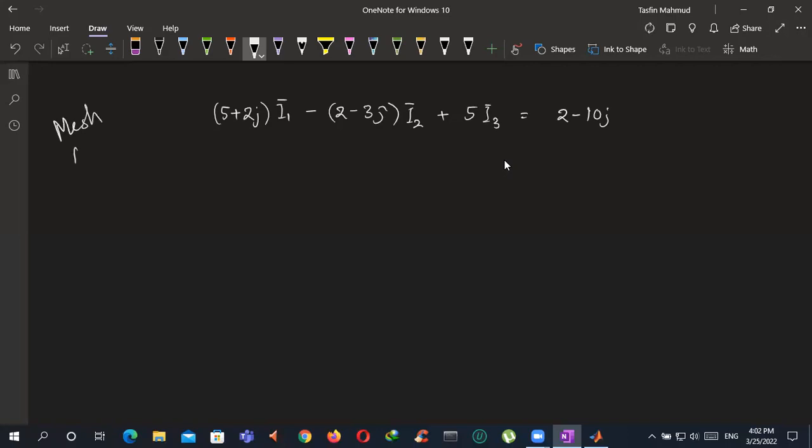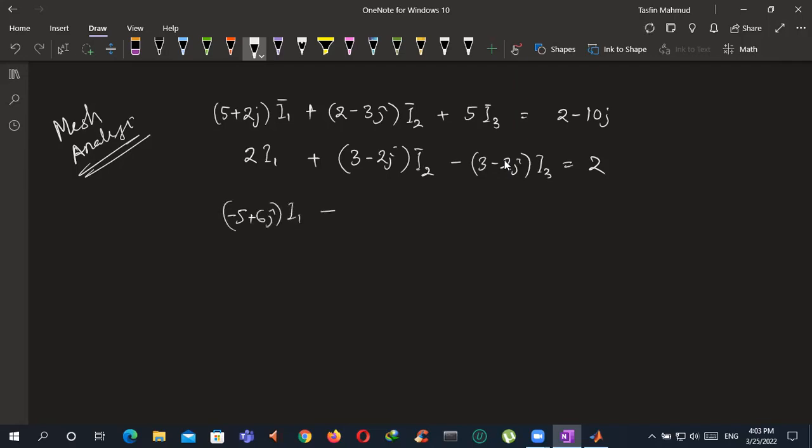For the second equation, this is 2 I1 minus 3 minus 2j, let's make it plus, I2, then 3 minus 2j I3 equals 2. And the third: minus 5 plus 6j I1 plus 3 plus 5j I2, plus 3 I3 equals minus 9.